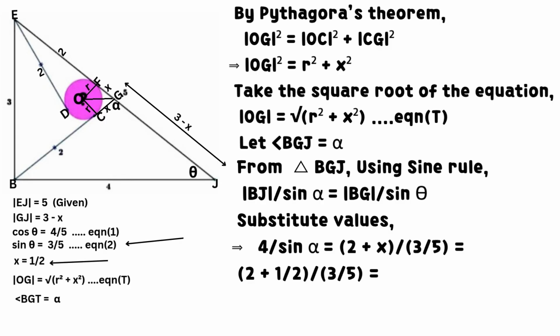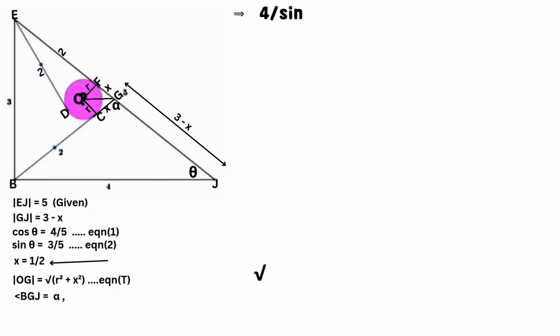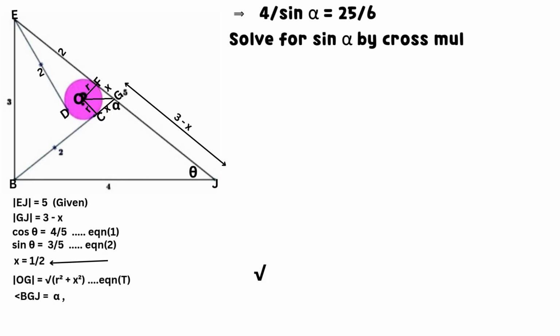It implies that 4 divided by sine alpha equals the sum of 2 and x divided by the ratio of 3 is to 5, which equals 25 divided by 6. After simplification of substituted values, it signifies that 4 divided by sine alpha equals 25 divided by 6.